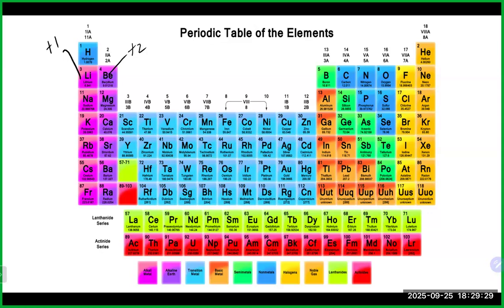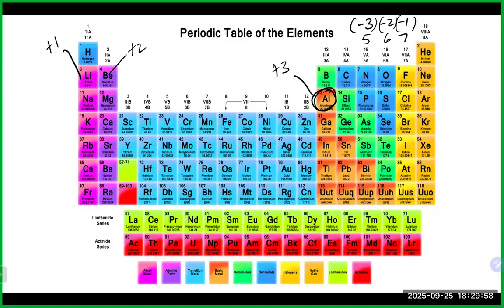In group 3, it's aluminum that we deal with most of the time. We skip group 4, and then heading to groups 5, 6, and 7, that typically is backwards: -3, -2, and -1. Again, we're talking about the nonmetals above the staircase, as they will make anions with those charges.